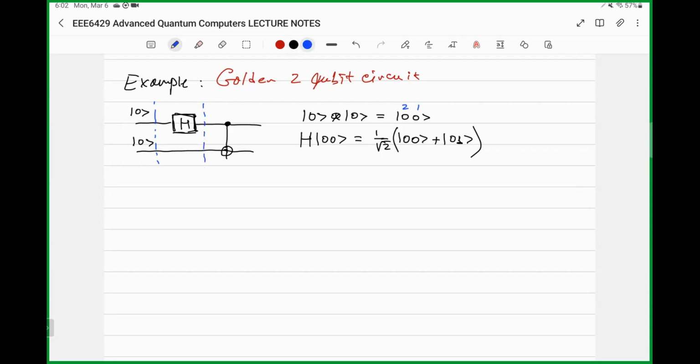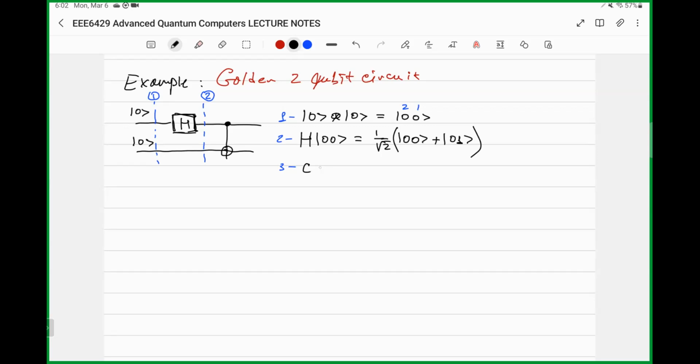So this is point 1, this is point 2. Point 3 is the application of the control X, control NOT gate.